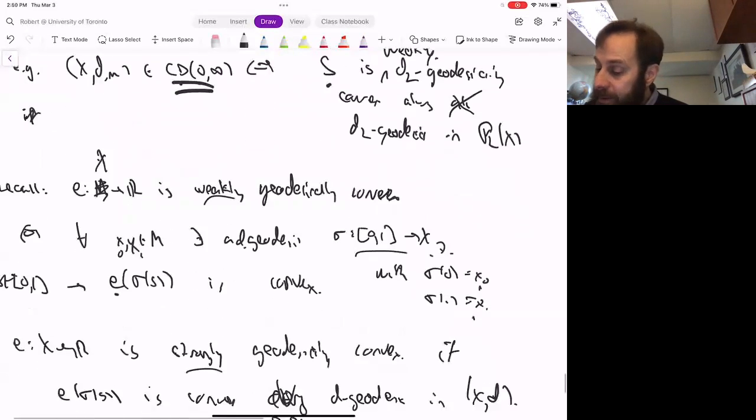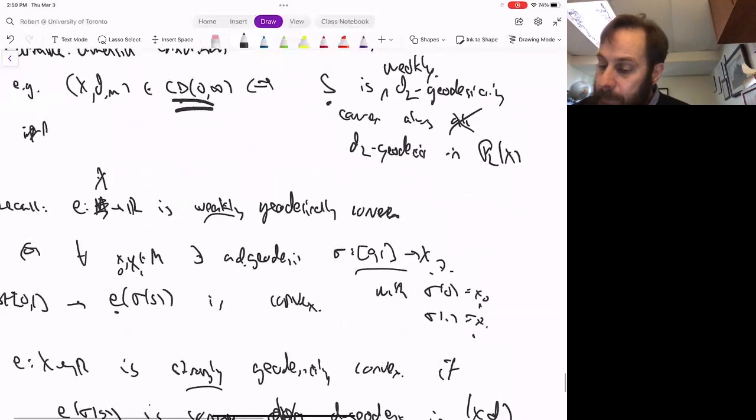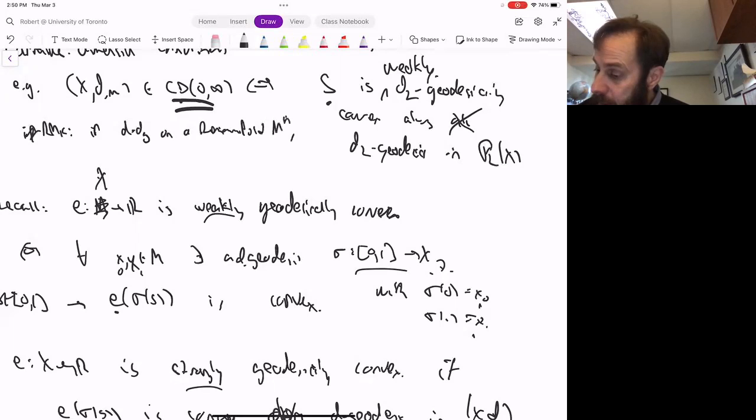so there's a remark. If D is DG on a Riemannian manifold Mn, CD0 infinity is equivalent to asking for the Ricci curvature to be non-negative.